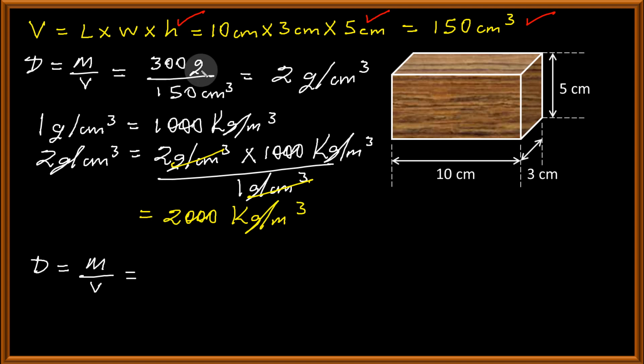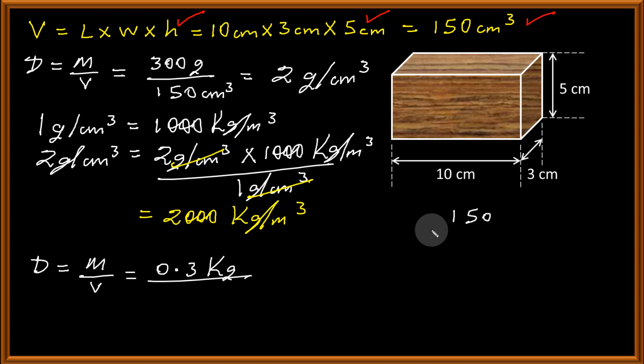This mass is 300 grams. 300 grams is the same as 300 divided by 1000 kilograms, and you're going to get 0.3 kilograms. That you're going to divide by a volume of 150 centimeters cubed.